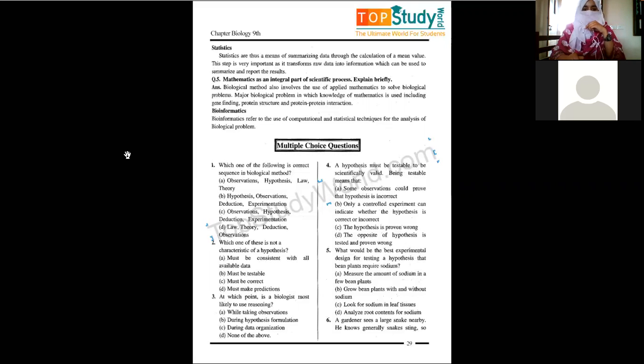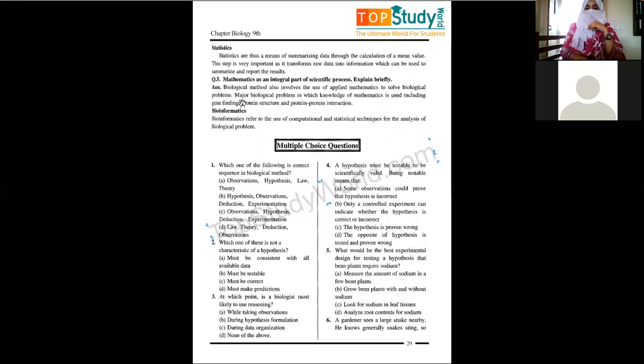The last question is: mathematics as an integral part of the scientific process, explain briefly. Biological methods also involve the use of applied mathematics to solve biological problems. Major biological problems in which knowledge of mathematics is used include gene finding, protein structures, and protein-protein interaction.